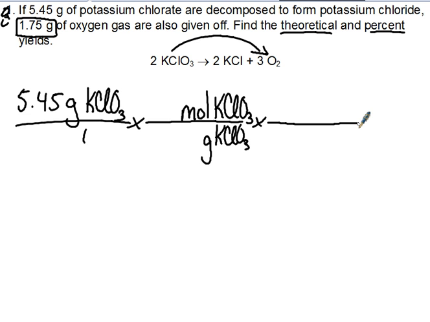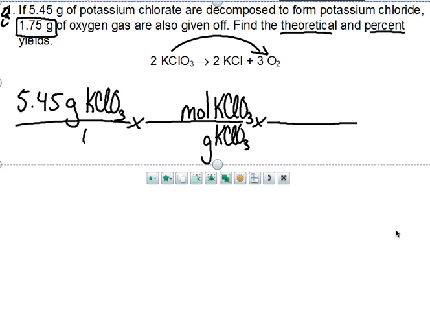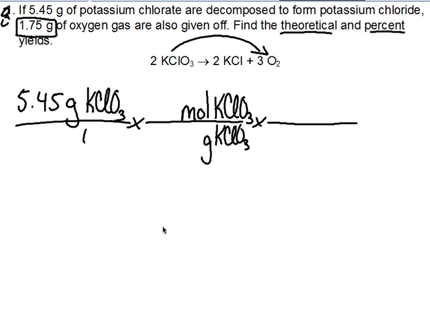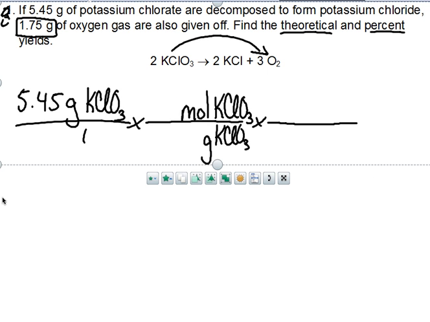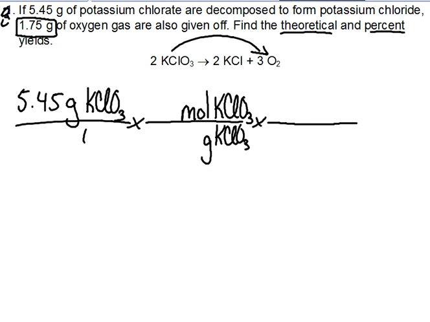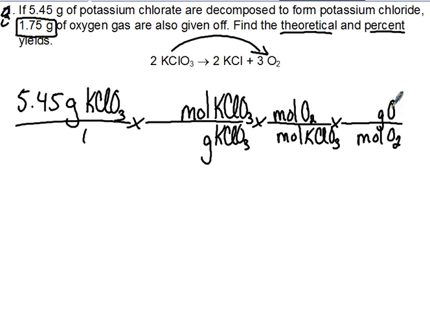I think I'm going to run out of room on the board. Okay, so moles of KClO3, and then I want to go again to oxygen, so moles of O2, and then I'm going to put moles of O2 here, and that's going to go to grams of O2.